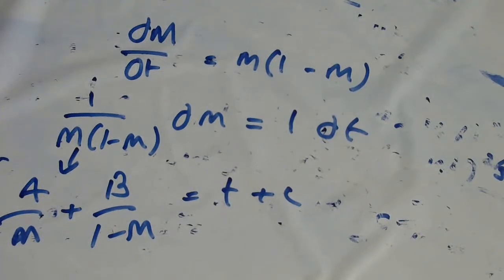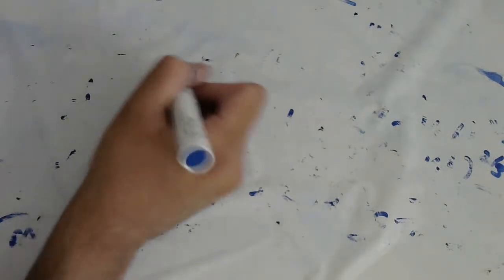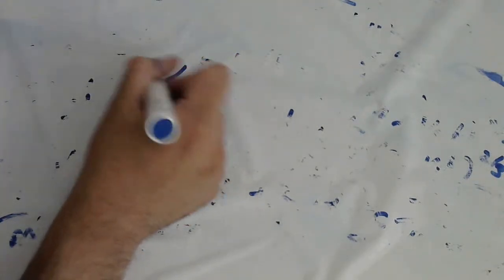Okay, let's see what we've got. As t gets bigger and bigger, that becomes a really, really big number. I'm going to use the symbol for infinity. I'll go to maths hell for doing it because it's not infinity.